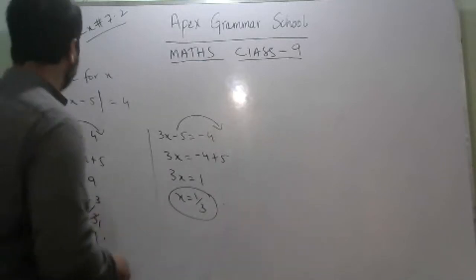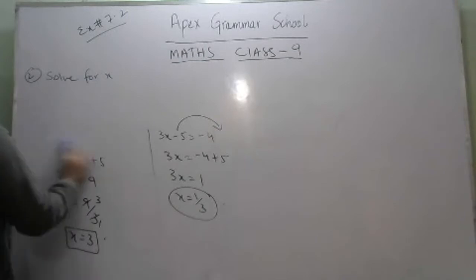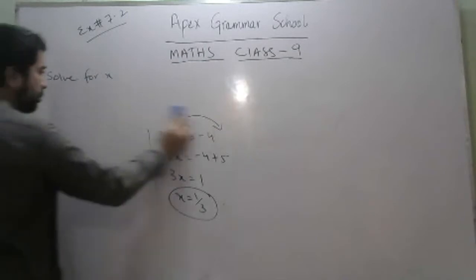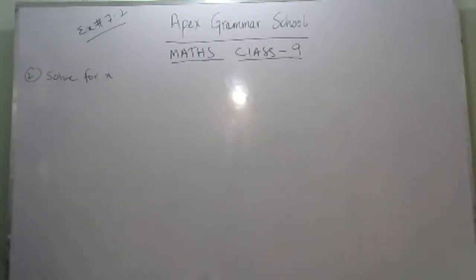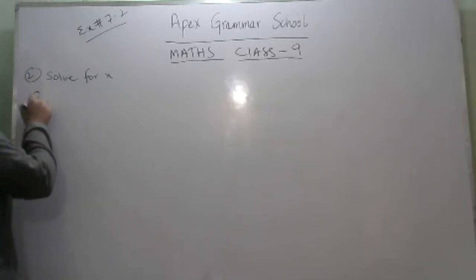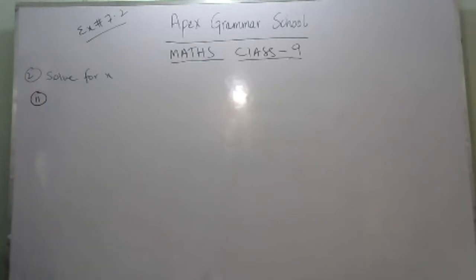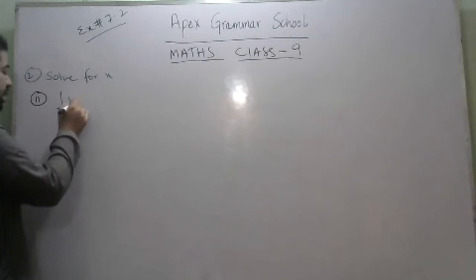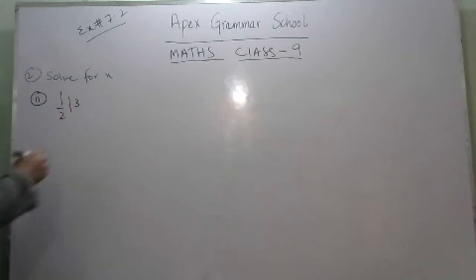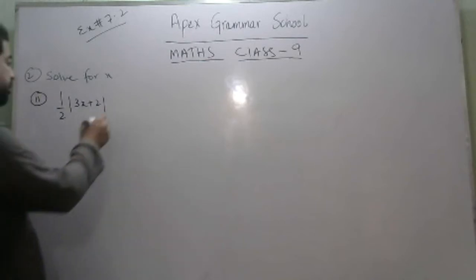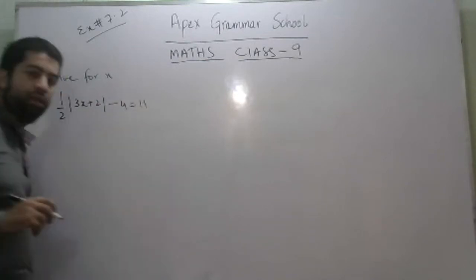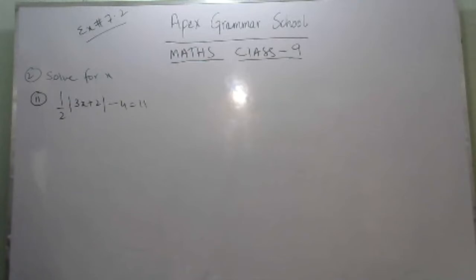Okay. Question number 2, part 2 is: one over 2 mod sign 3x plus 2, again mod sign, then minus 2 is equal to... Now for this question, we can easily see this.